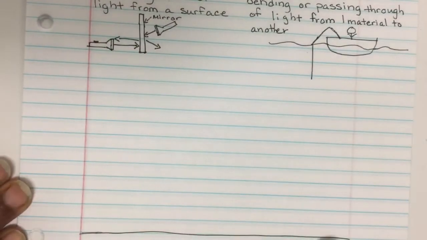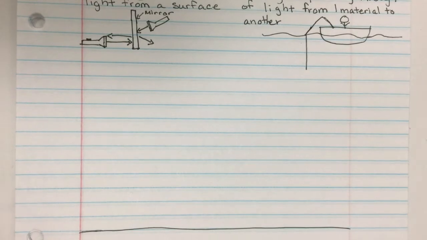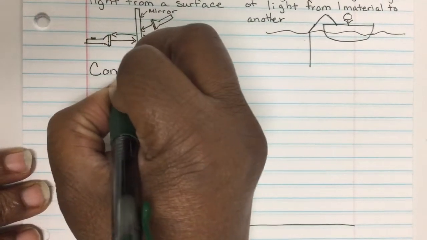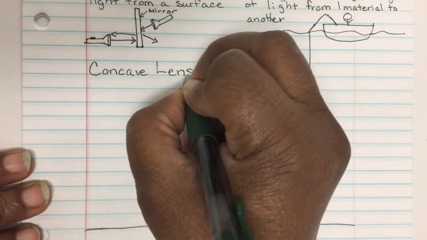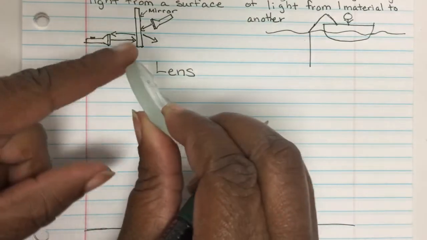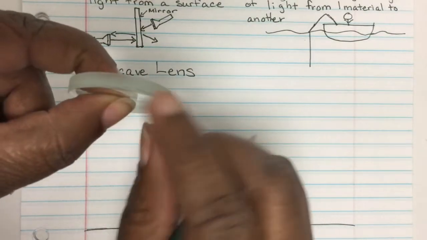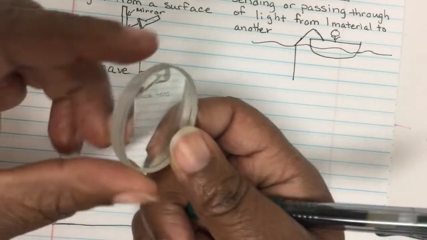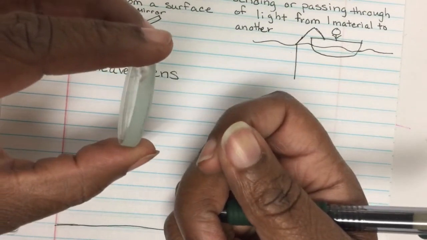Last two things we have to talk about are convex and concave lenses. We'll start with concave. So a concave lens is thin in the center. It's hard to tell with this one because it's thick on the outside, but it goes in towards the center.